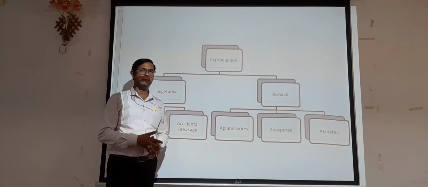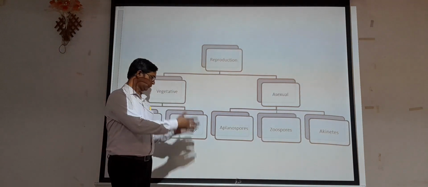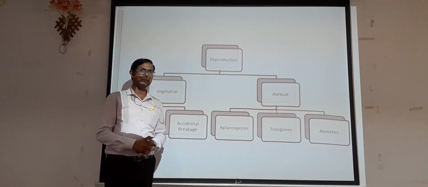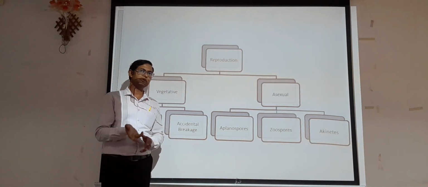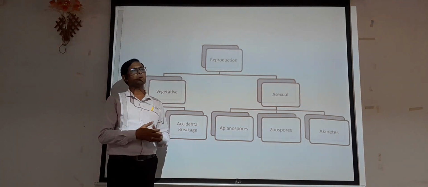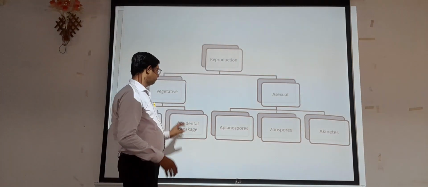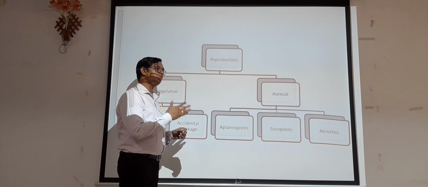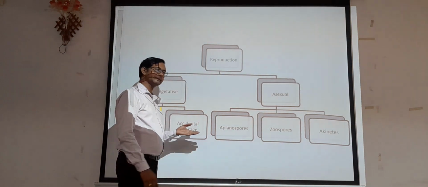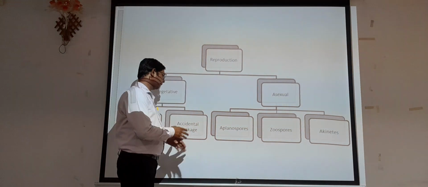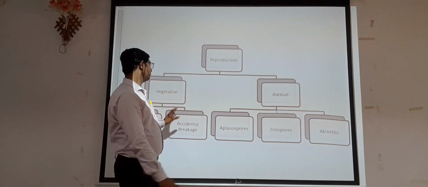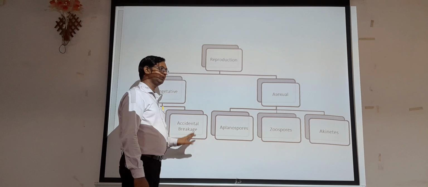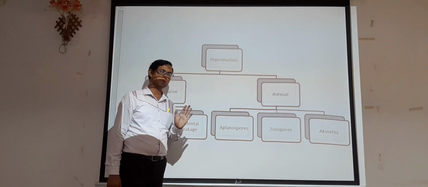In accidental breakage, suppose a thallus is there, and due to some accident, or due to human activities, animal activities or natural activities, the vegetative part breaks into pieces, and that breakage leads to the production of a new plant body. We call it accidental breakage, and it is included in vegetative reproduction.